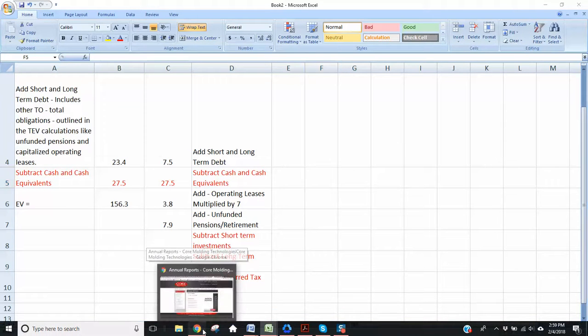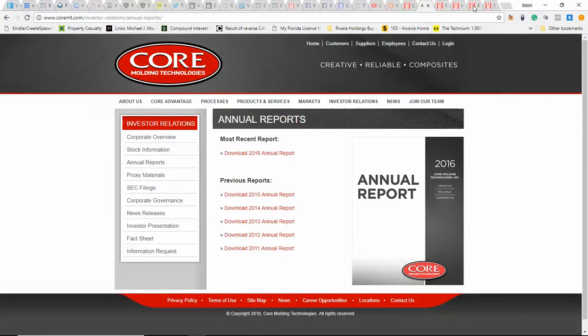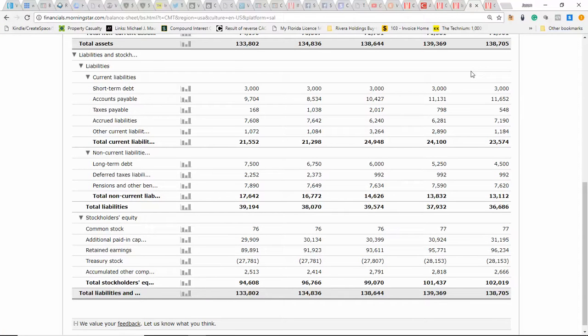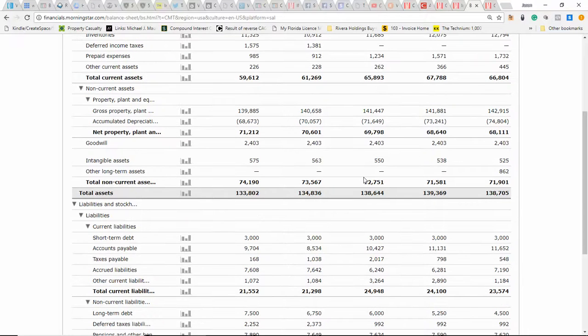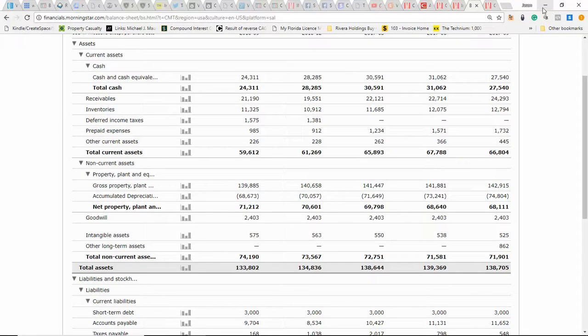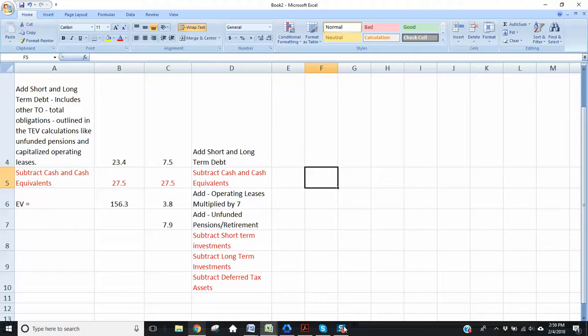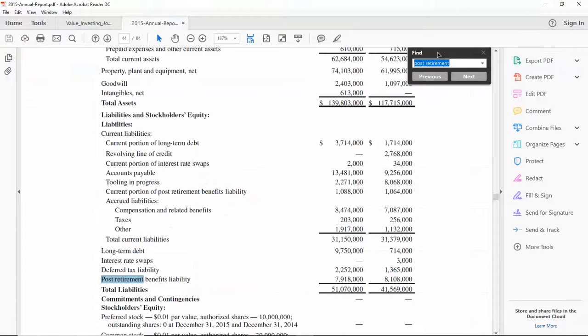So short and long-term investments. And again, I'm doing this kind of backwards from what I normally do. That's why we're kind of moving all over the place. No short and long-term investments on here. May as well, since we have this open, look.